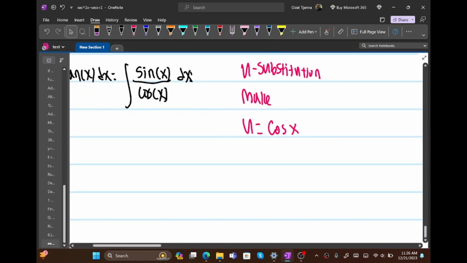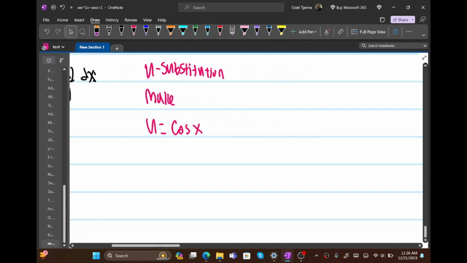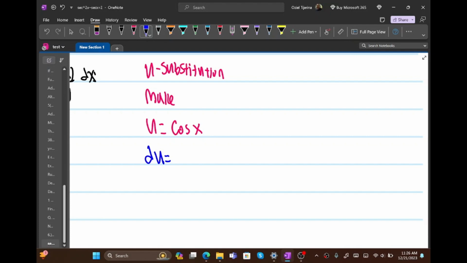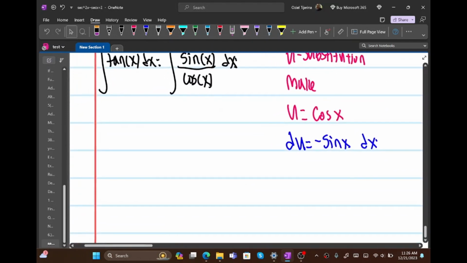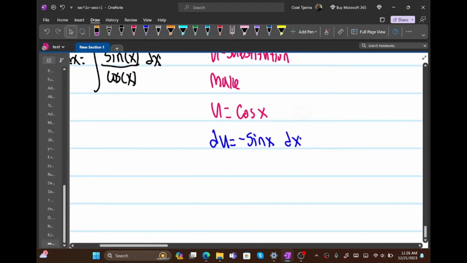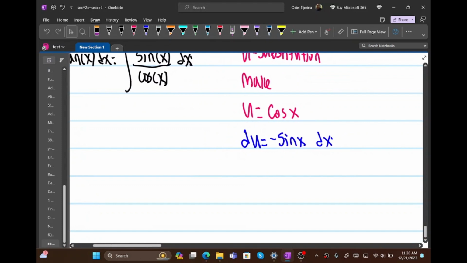Whenever we do u substitution, we always want to find du. So from trigonometric derivatives, we should know that du is negative sine of x dx.